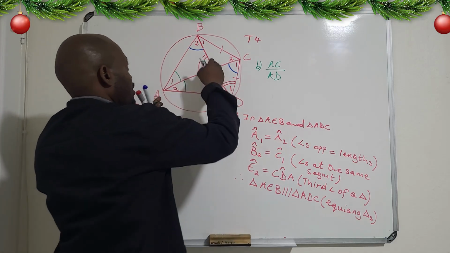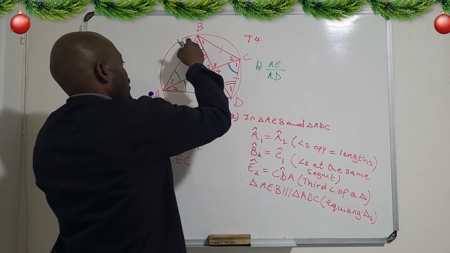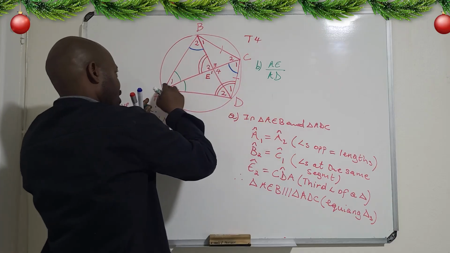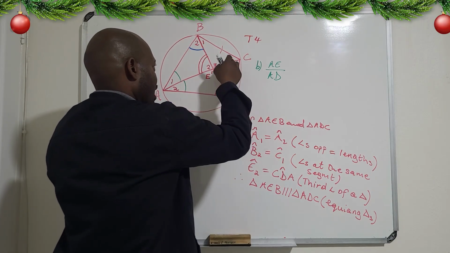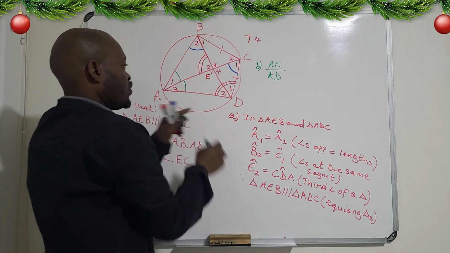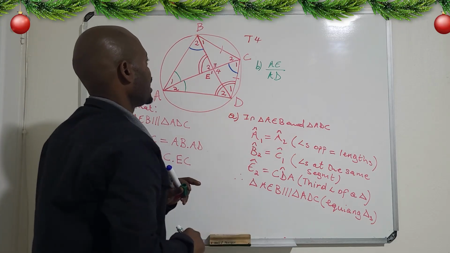In this triangle, this angle is opposite this side. In this triangle, this angle is opposite this side. And we've proved that the two are similar.